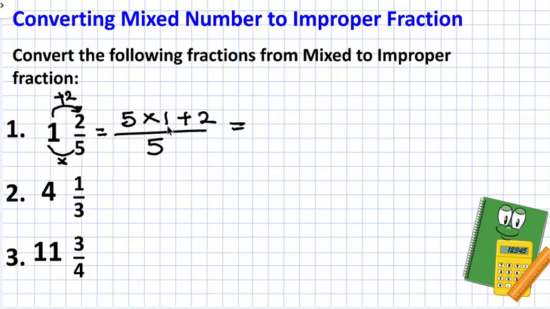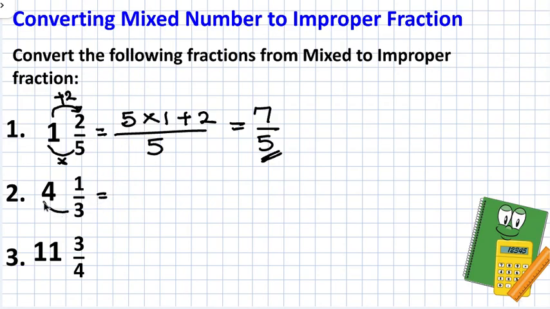So 5 times 1 is 5 plus 2, that is 7. So we have 7 over 5. So this is an improper fraction. So we've converted 1 whole, 2 over 5, to 7 over 5. The same thing here.